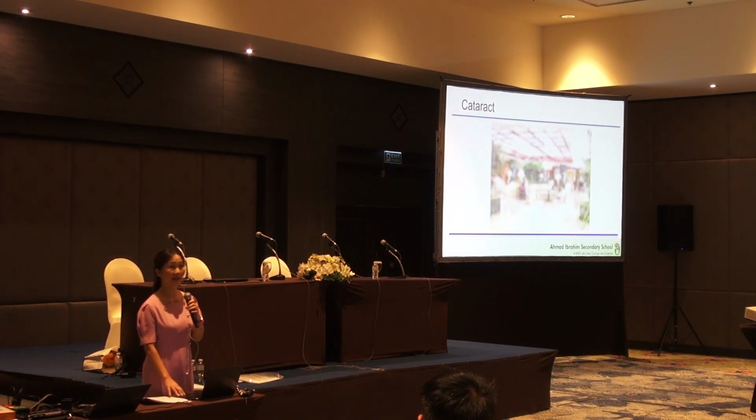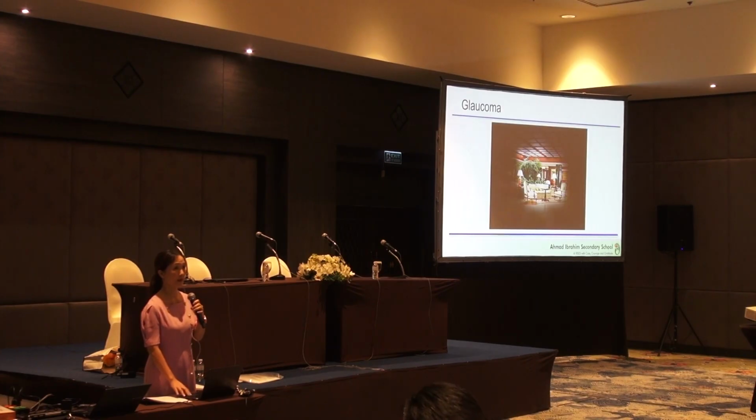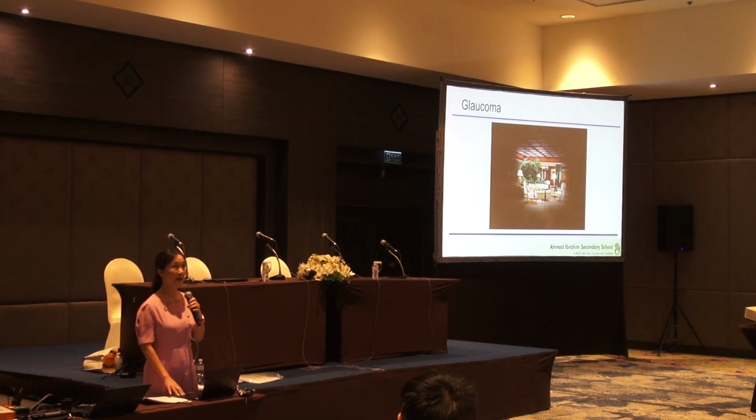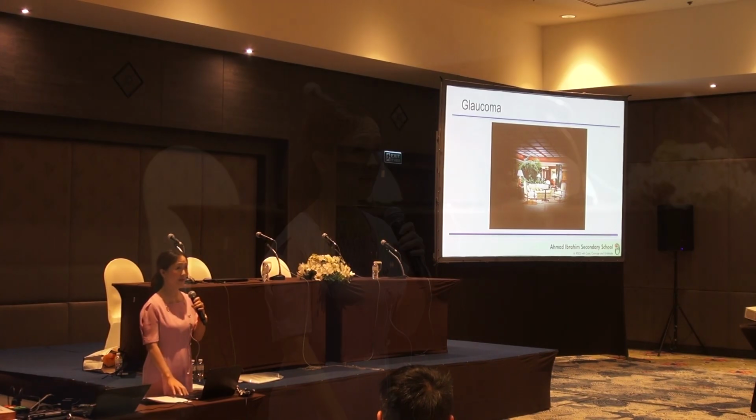This one is very common, cataract, which can be corrected if you undergo surgery, but it really depends on the condition as well. Glaucoma is also another very common condition that many people with visual impairments face. It's eye pressure in the eyes, and they need to put in eye drops very frequently in the day to control the eye pressure.